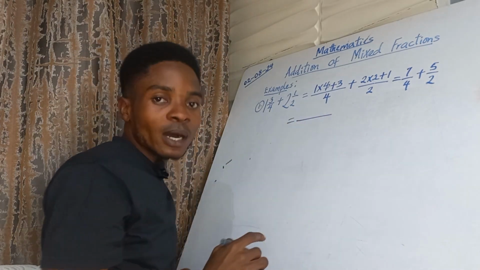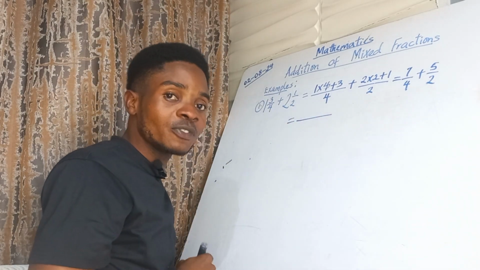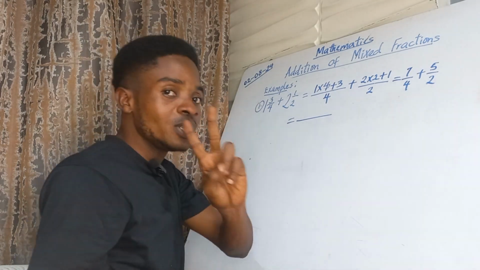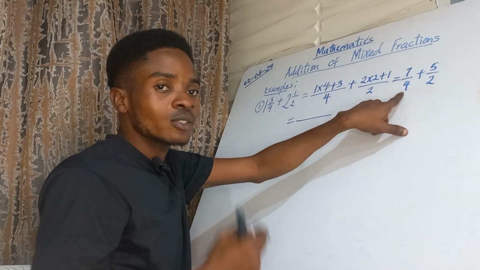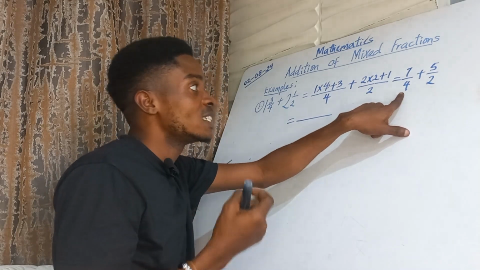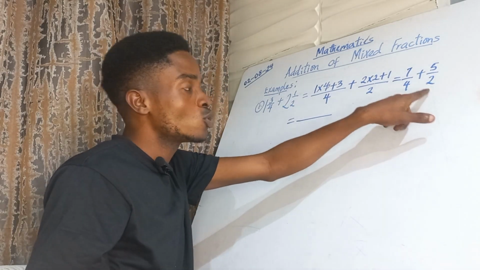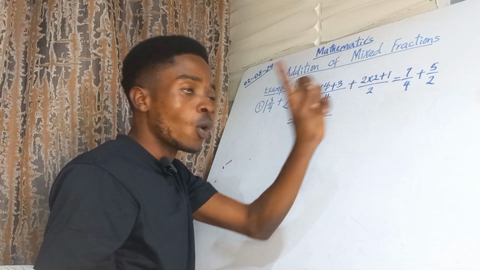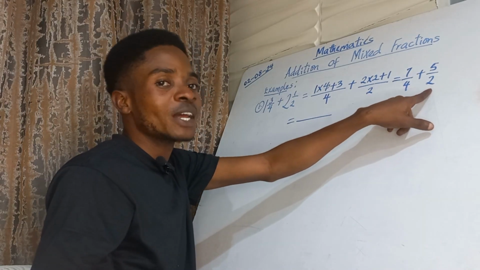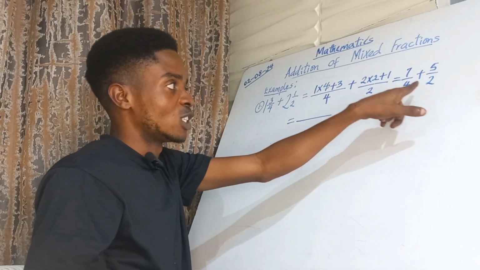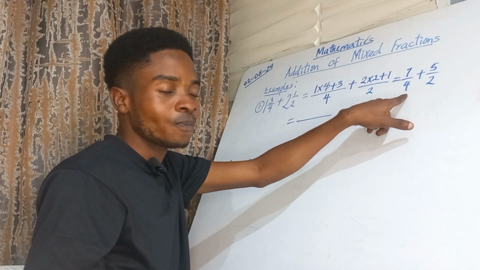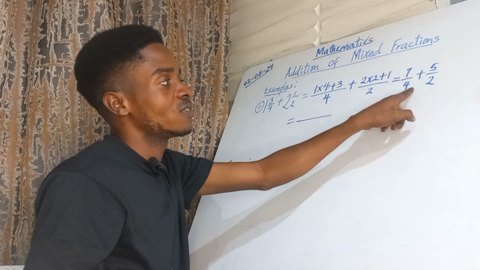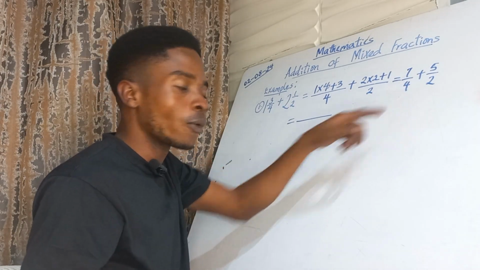So how do you go about the LCM? I told you in the previous video that you can do it two ways. One, you look for a particular number that 4 can divide and 2 will equally divide. Or you look at the smaller number, if it is possible for it to divide the bigger number. In this case, 2 can actually divide 4. So you choose 4.